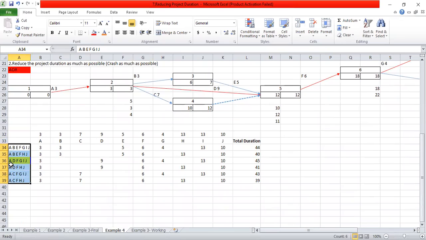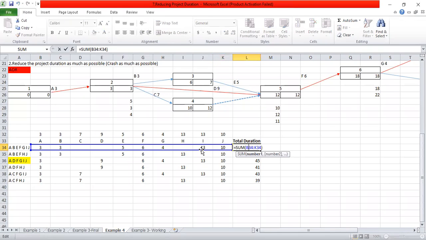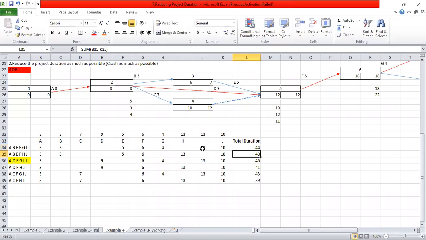After writing down all these 6 paths, you have to take the summation, right? So the first path A, B, E, F, G, I, J. After writing down all these durations, you have to take the summation here. Likewise, you have to take each and every path's total duration.